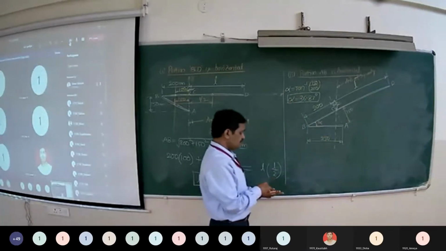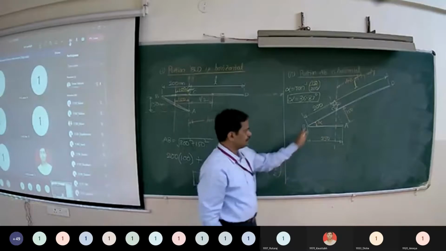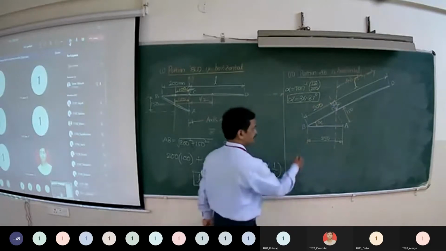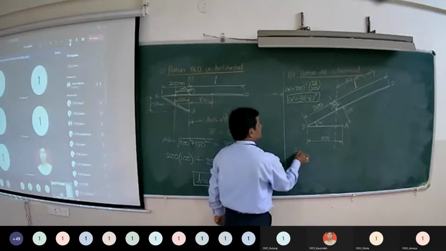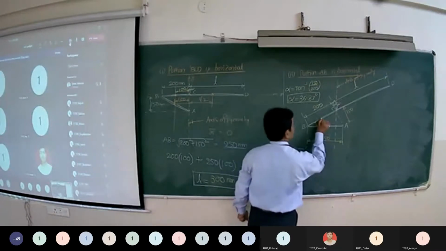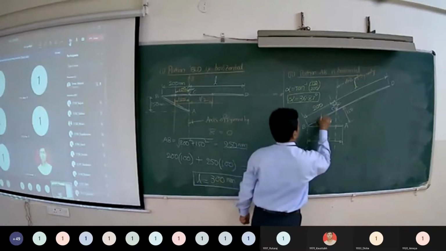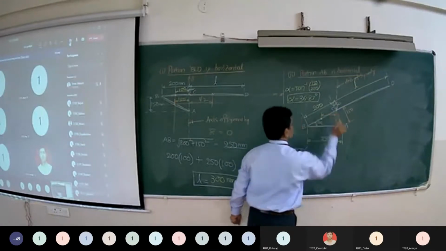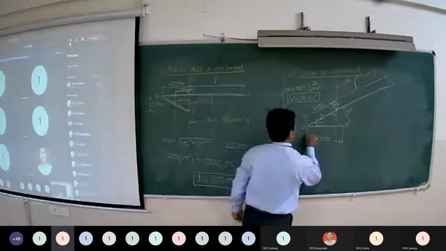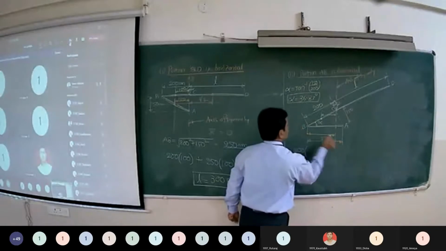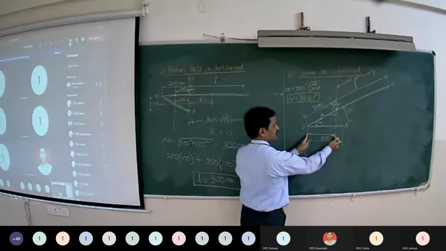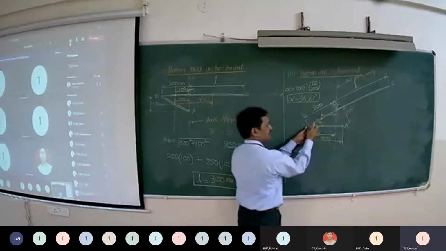Tell me now, what is the moment of line BC about the vertical line? Length is 200, into the distance of the centroid of line BC from the vertical axis. Can you tell me the length of this portion? You have this as 200, it is alpha.